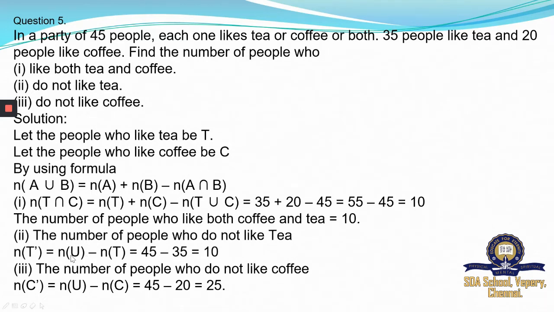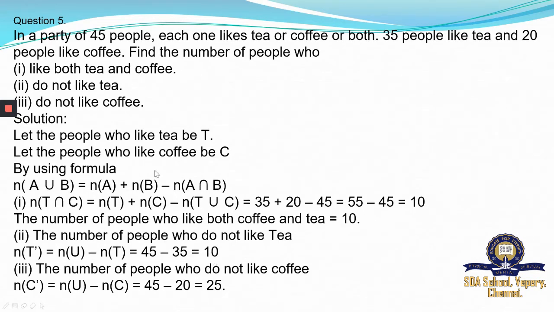Now let us simply substitute. n of U stands for the universal set. Over here, the universal set means the total number of people, correct? So how many people are there? There are 45 people in general. Let us write it over here. Then the ones who like to drink tea are 35 in number. Let us also write that. Then we have to solve that. We get the answer as 10.